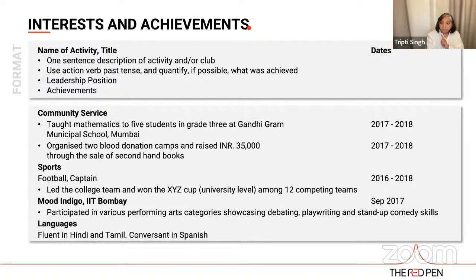Okay. This person played soccer, was a captain, may have played in 8th, 9th, 10th also, but led the college team and won whatever club among 12 competing teams, 2016 to 2018, not 2010 to 2018. As a rule of thumb, unless you have represented India in the Olympics or at the international level, you've represented India, right?